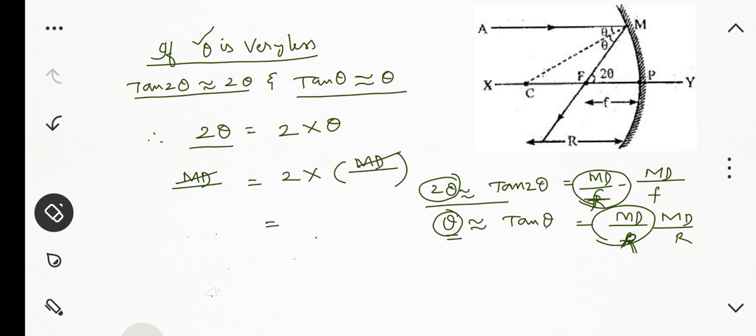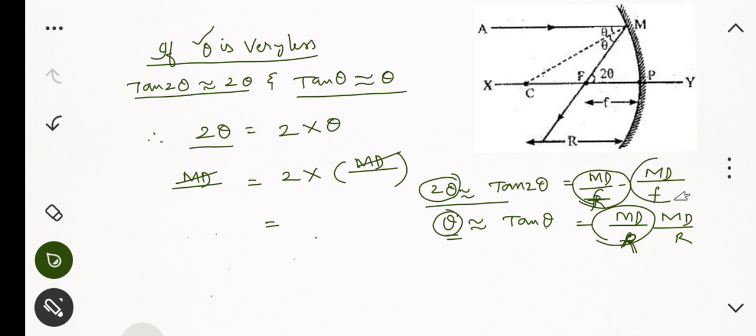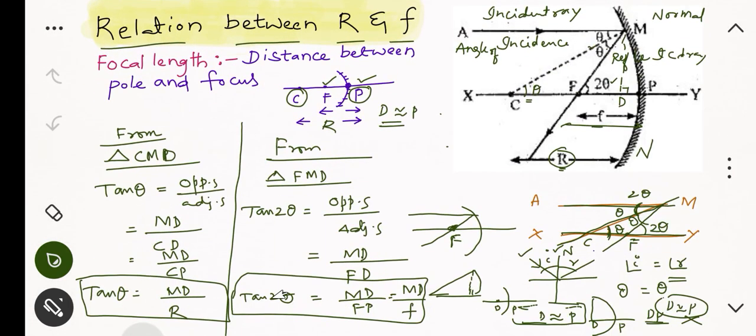Please note this down. MD divided by tan 2 theta is equal to MD divided by f, and tan theta is MD by R. We have already derived these expressions and noted them in a wrong way.